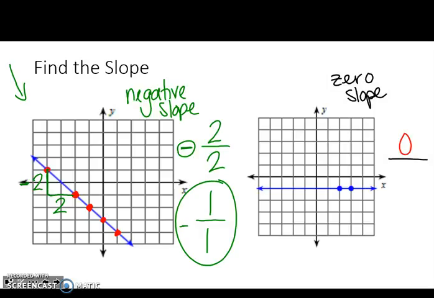So there is no rise. But then I have to run 1 box to get to the next point. And if I reduce or I simplify 0 over 1, I'm going to get the answer of 0. But we already know it has a 0 slope because we know that a horizontal line has a 0 slope.